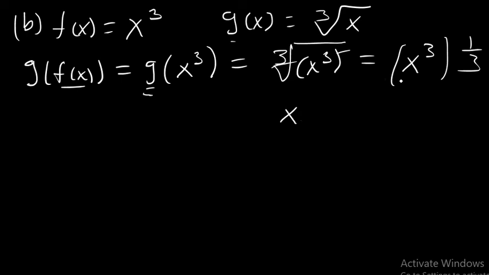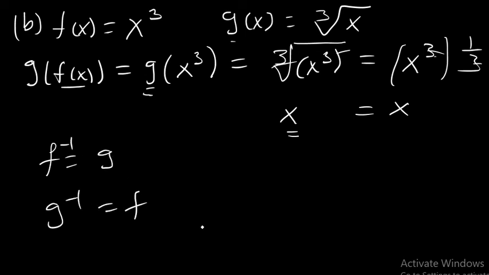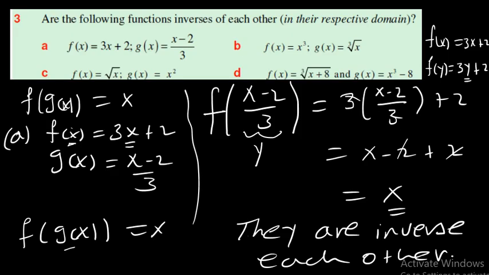Or if you want to express it in exponential form, cube root means 1 over 3 as the exponent. So when you multiply, the 3 cancels, finally the answer will be x. In either way, finally the answer will be x, so they are inverse of each other. That means f inverse is equal to g, or you can say g inverse is equal to f. So they are invertible to each other.